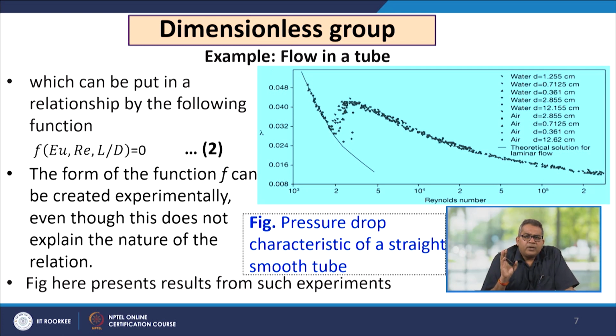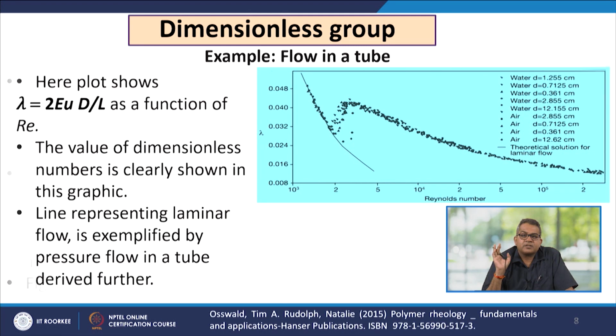Now, this can be put in a relationship by this particular function: f of Euler number, Reynolds number, and L by D is equal to 0. The form of the function f can be created experimentally, even though this does not explain the nature of the relation. So, this figure represents the pressure drop characteristics of a straight smooth tube, and it results from those experiments.